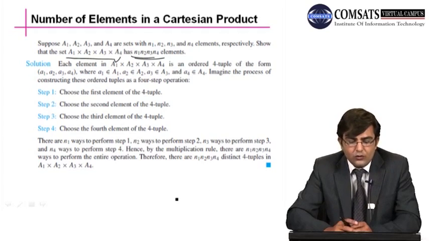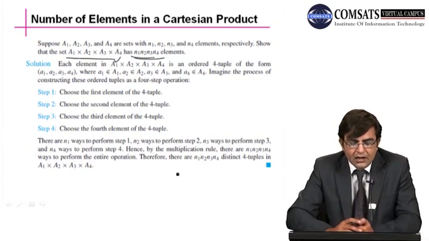Now step 2, choosing the second element of this four tuple: there are n2 possibilities, because the number of elements in A2 is n2. Similarly, in the third step, the third element of this ordered four tuple can be chosen in n3 ways.